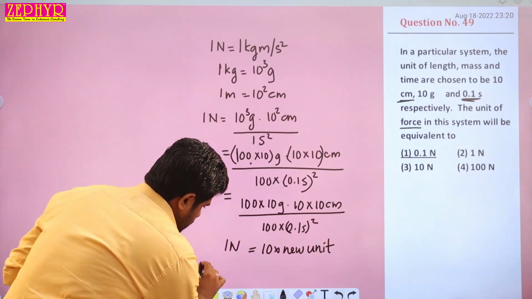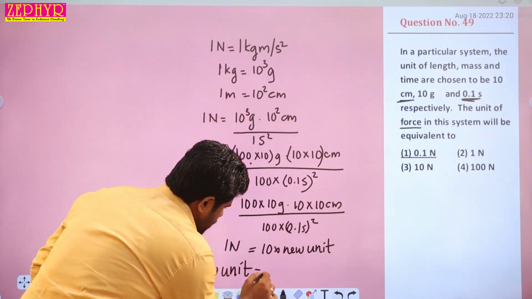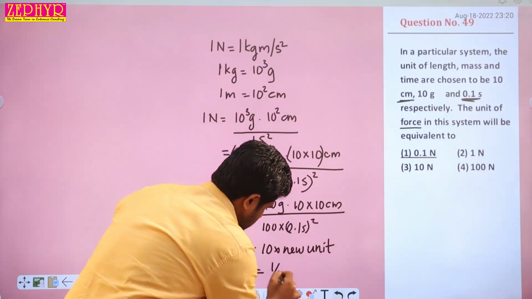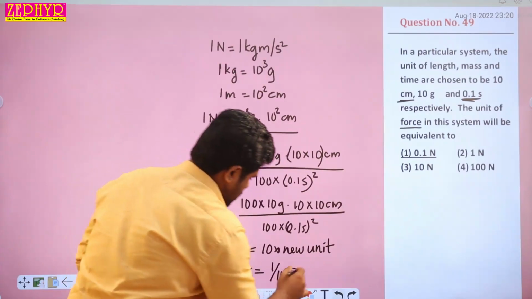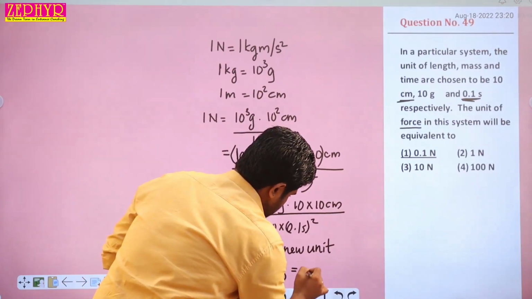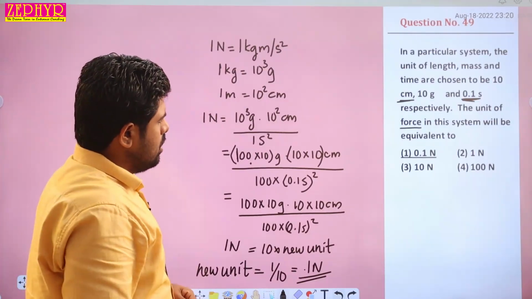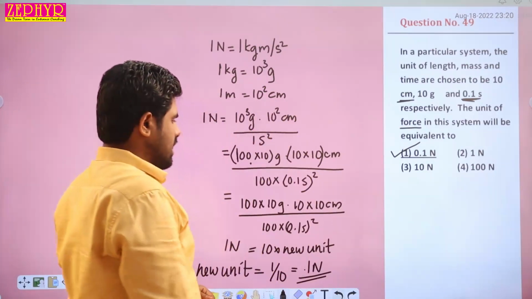So this means new unit is equal to 1 divided by 10, which is 0.1 Newton. So option number 1 is the right answer.